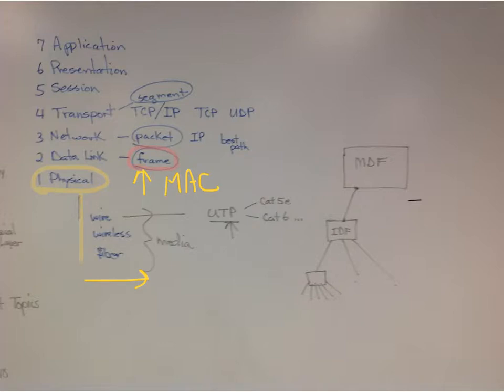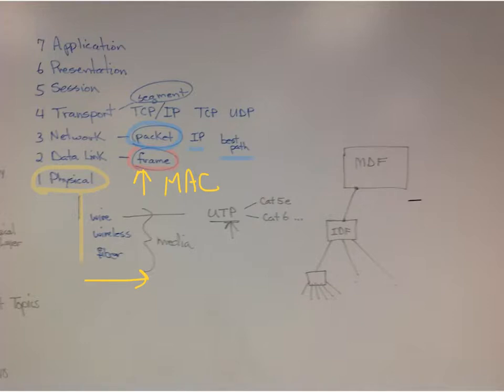So we encapsulate it. Prior to that, we have the idea of a packet in which we add the IP, and that IP address is going to allow us the best path.